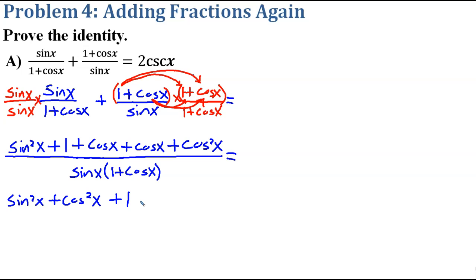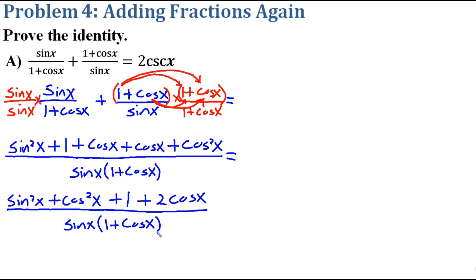And then we have 2 cosine x's, so I'm going to say plus 2 cosine x, all over the same common denominator, sine x times 1 plus cosine x. Now pausing here for a second, I'm thinking some of you folks want to start canceling things out like the cosines or the sines. Since my numerator is not in factored form, it's not written in parentheses, I can't do any canceling yet. So I want to combine things and reduce them up top, then factor before I can cancel top and bottom.